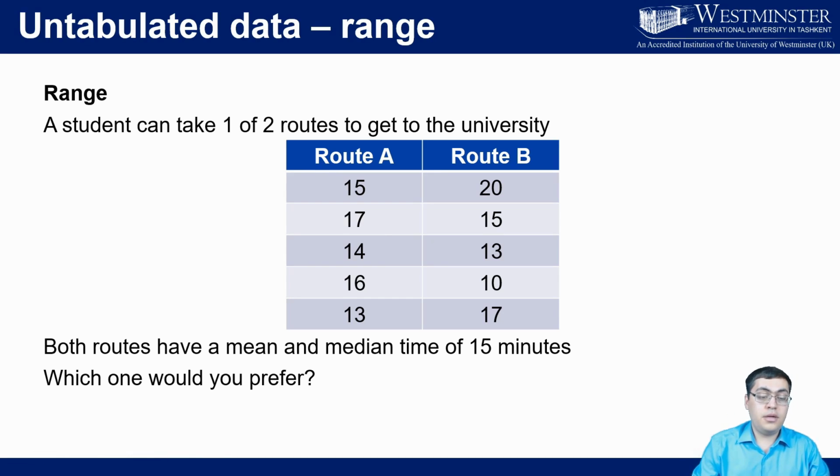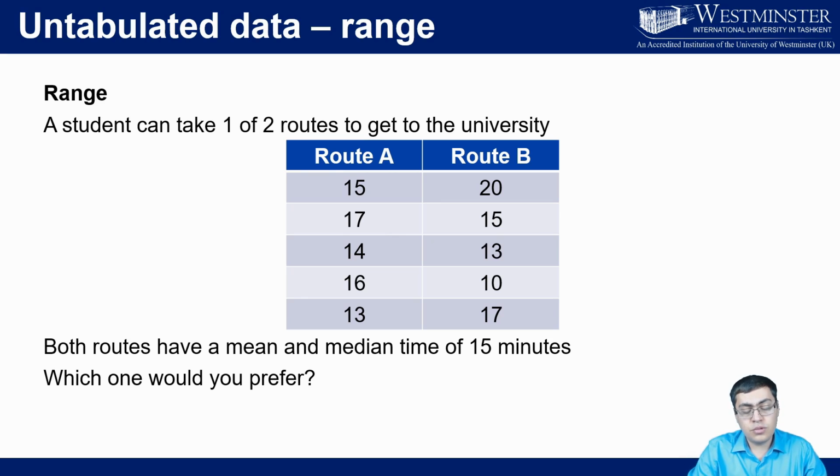So let's discuss range. Consider the example below, where a student can take one of two routes to get to the university, route A and route B. Now, if we were to calculate the mean and median of these two routes, we'd get exactly the same number, that is 15. So just by measuring their mean or median, it does not give us a measure that might tell us which one is more preferred over the other.